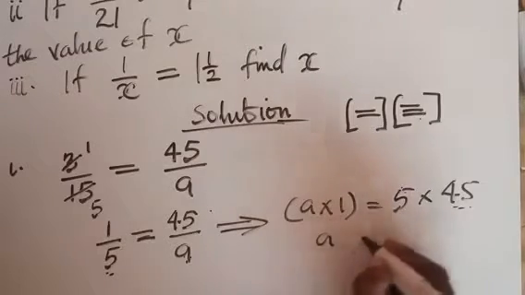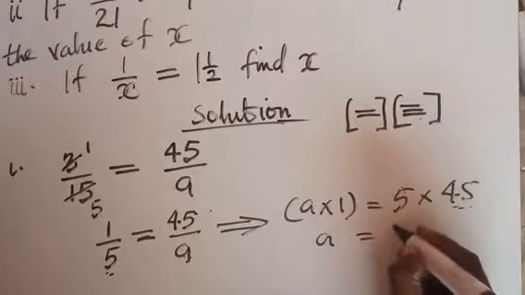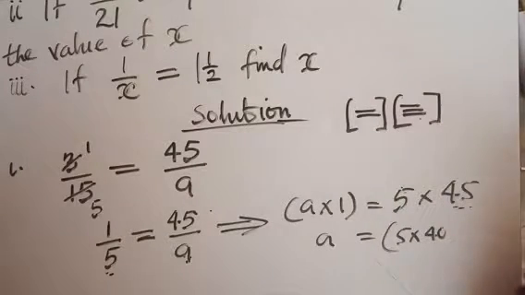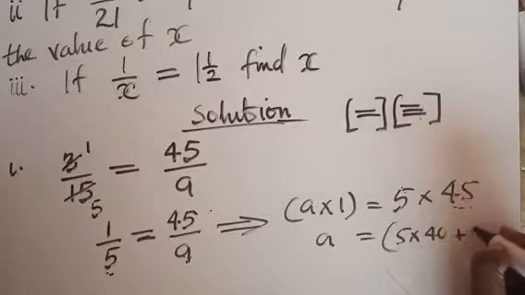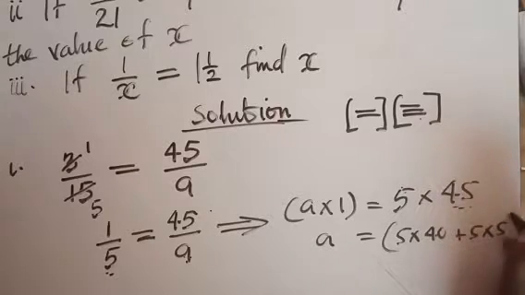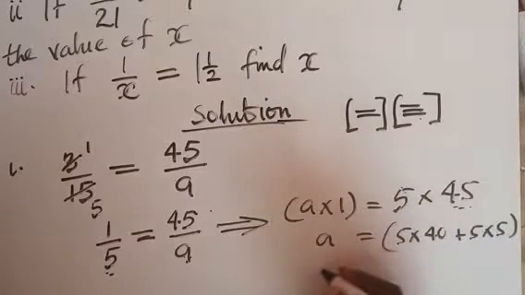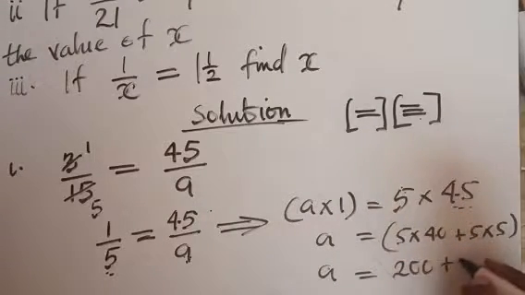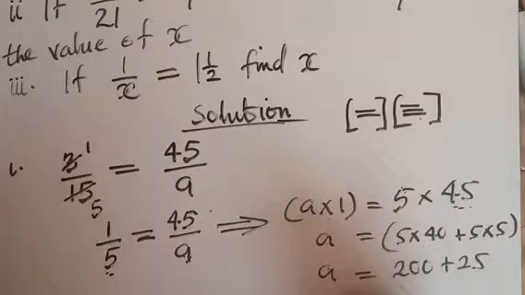So A here must be equals to, in bracket, 5 times 40 plus 5 times 5. So A now is equals to 5 times 40 is 200 plus 25. So A now is equals to 225.